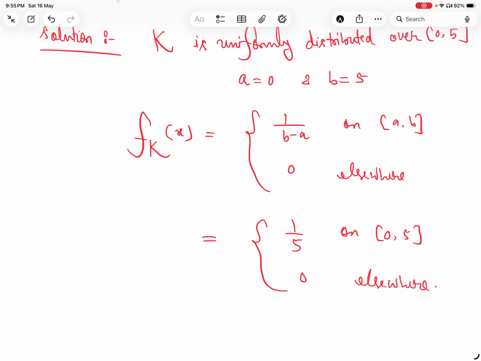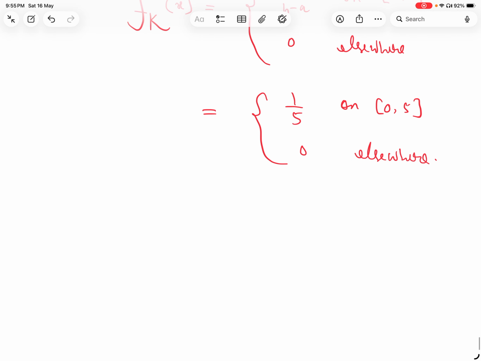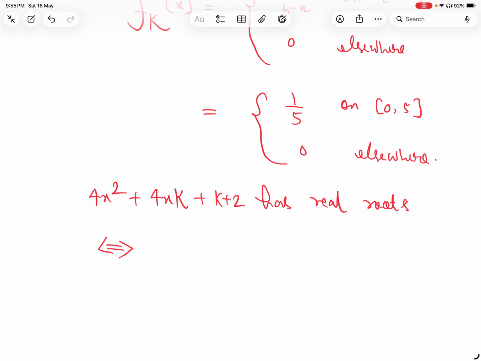Okay, so this is the PDF. Now 4x² + 4xk + k + 2 has real roots when the discriminant, b² minus 4ac, is non-negative.